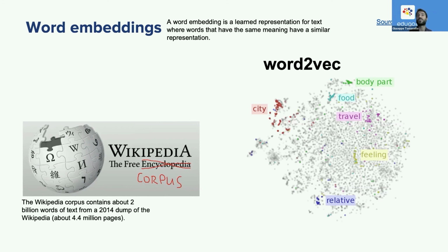So how do you create this word2vec? It's really interesting, because these representations are created by analyzing the Wikipedia corpus. So basically, we have Wikipedia, the famous encyclopedia. We downloaded Wikipedia, which contains 2 billion words as of 2014 and 4.4 million pages.